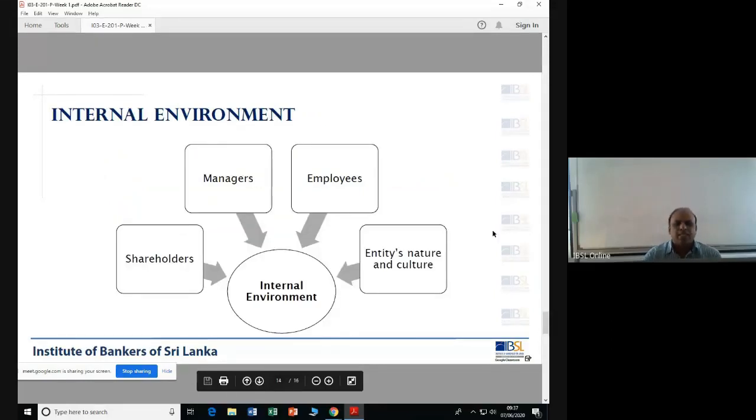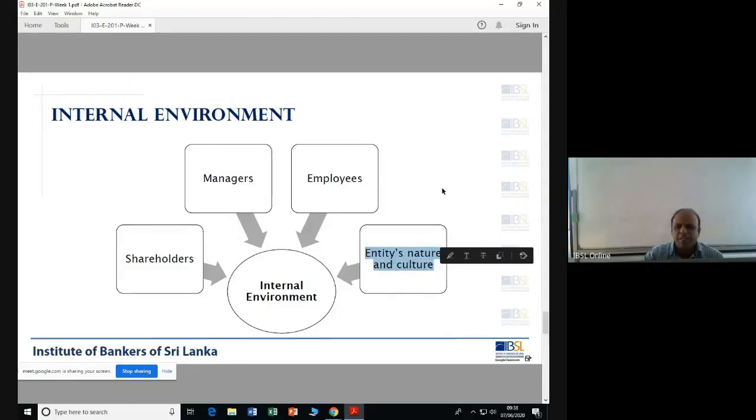Within this internal environment, we have the shareholders, even though they are included under this category, you need to know it's more towards the management that we are talking about, the managers and the employees. But you might see another important aspect within this broader topic of internal environment, which we call the entity's nature and culture.